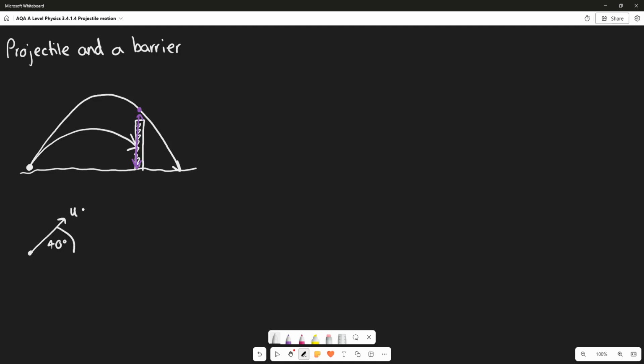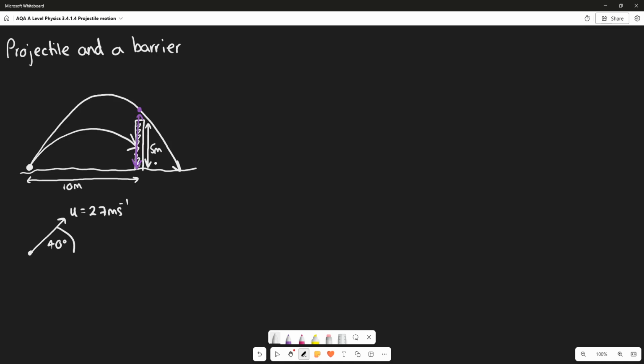Here we go, let's make up some numbers. And you'll be given the distance between the object and the wall. You'll also be given the height of the wall so that you know how big a barrier it's going to be.